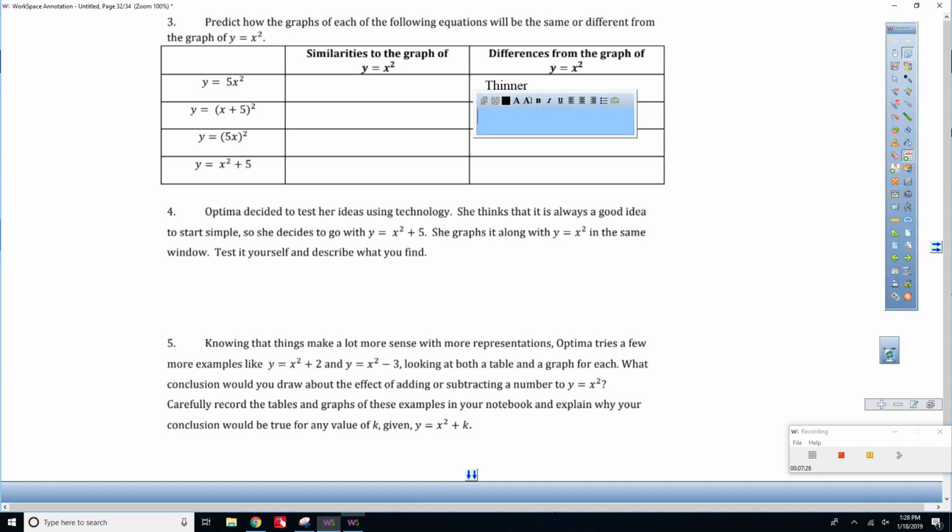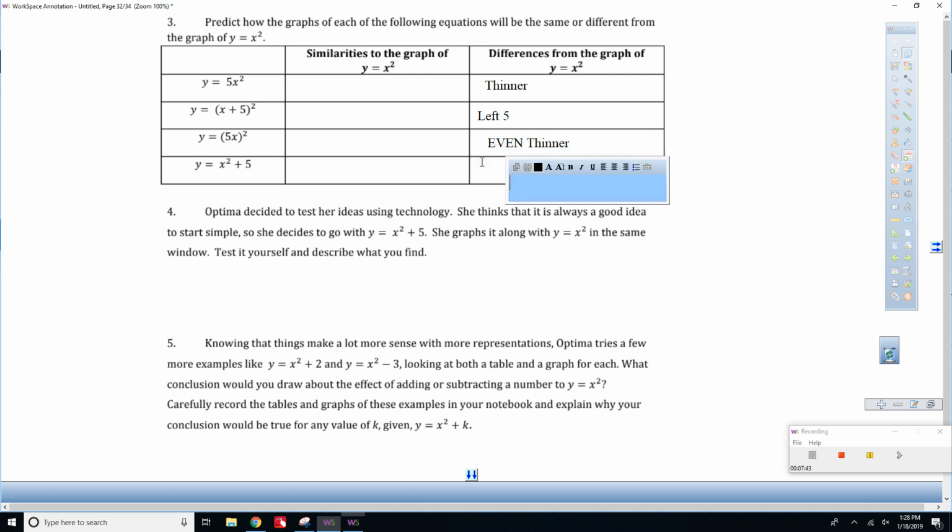This is the tricky one, remember. It went left 5. Okay? What was this one? This one got not as thin. Even thinner. Very good. The thinnest of them all. And what did this one do? This one just went up 5.